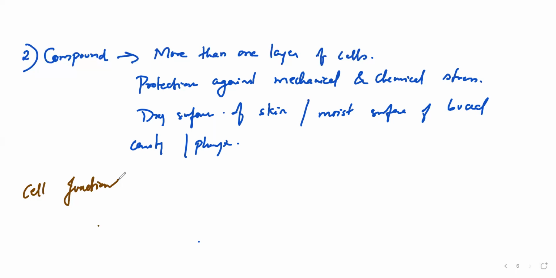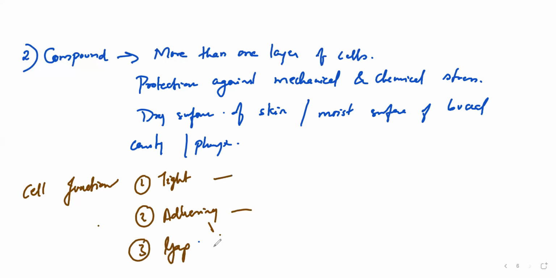The first one is the tight junction, the second is the adhering junction, and the third is the gap junction.